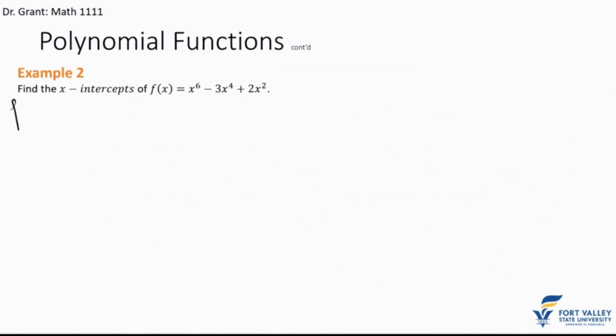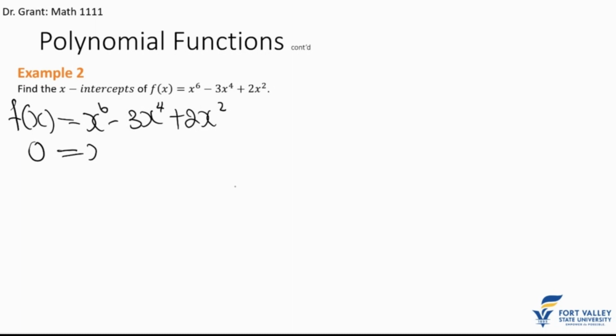So if I were to rewrite this function, I would have f of x equals x to the 6th power minus 3x to the 4th plus 2x squared. If I'm finding the x-intercept, I'm going to be setting y equal to 0, and then I'm going to try to solve for x.